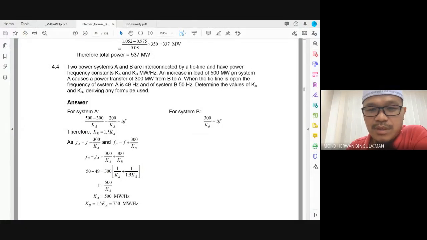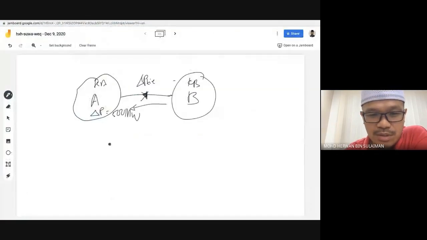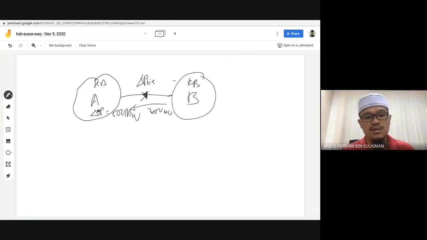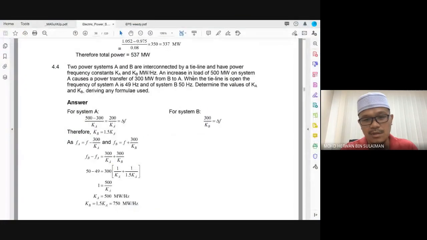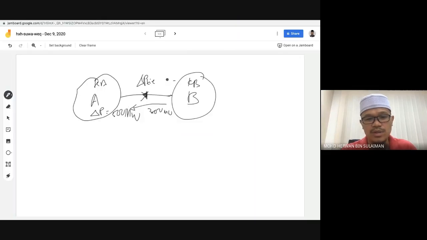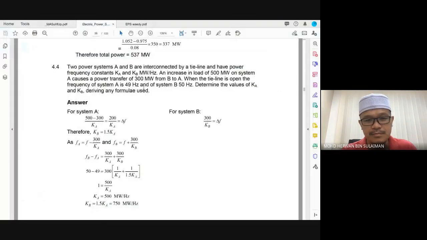An increase in load of 500 megawatts on system A causes a power transfer of 300 megawatts, meaning there is a power transfer of 300 megawatts from B to A. We have the load change in area A. When the tie line is open, the frequency of system A is 49 hertz, and system B is 50 hertz.